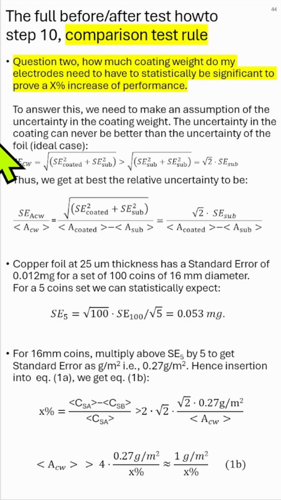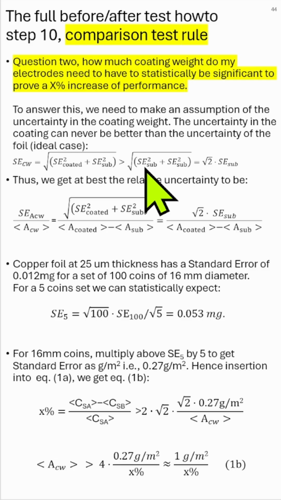continue, and we can do the ideal case. So if you look at the standard error of the coating weight, that is the sum of standard errors of the substrate and the coated coin, square root. That is larger, of course, than if we assume that the standard error of the coated coin is the same as the standard error of the substrate. We saw initially in this presentation that the standard error of the substrate was about 4 times less.